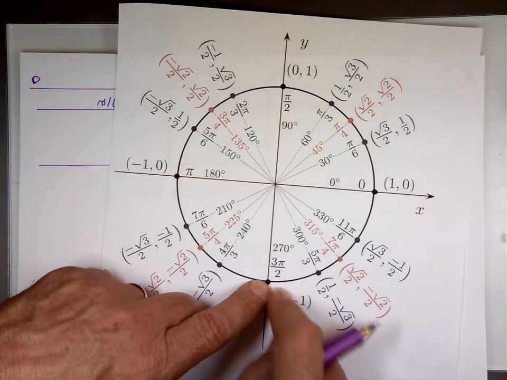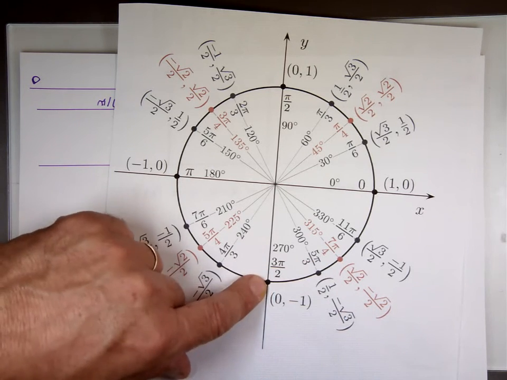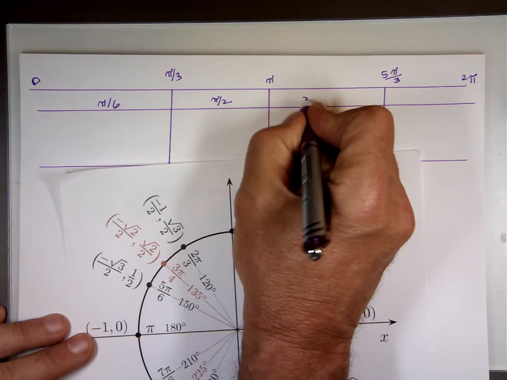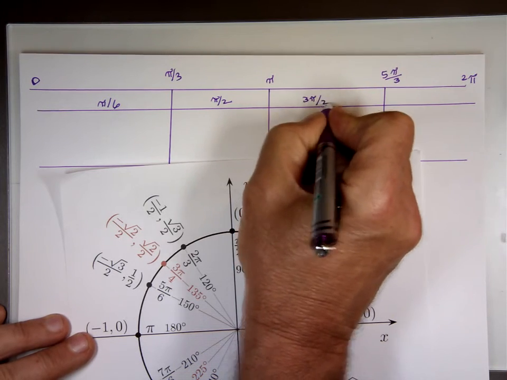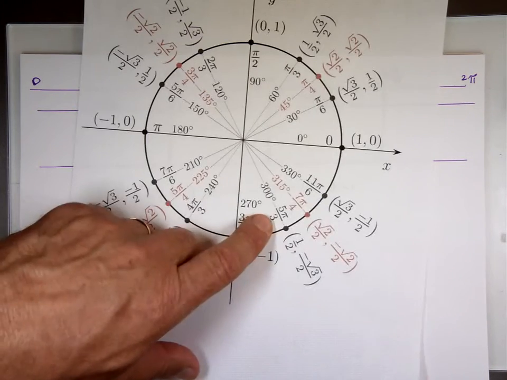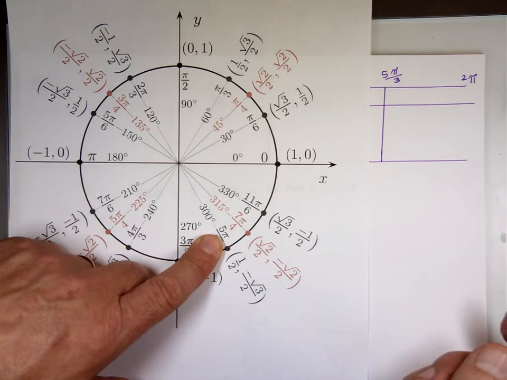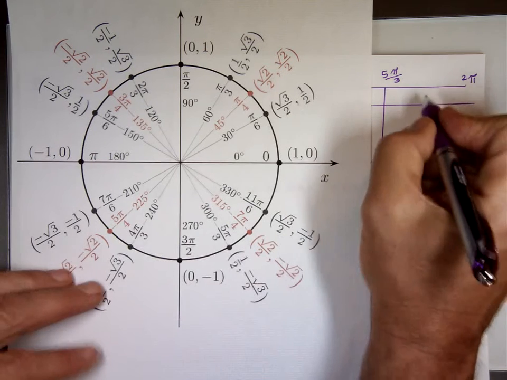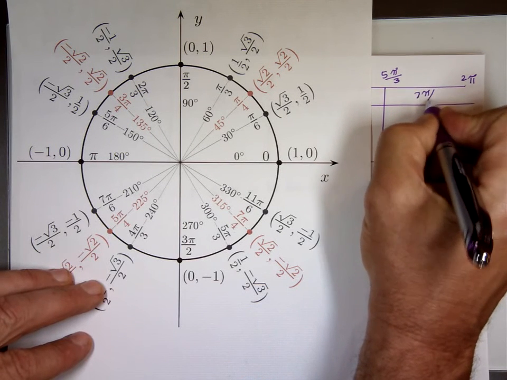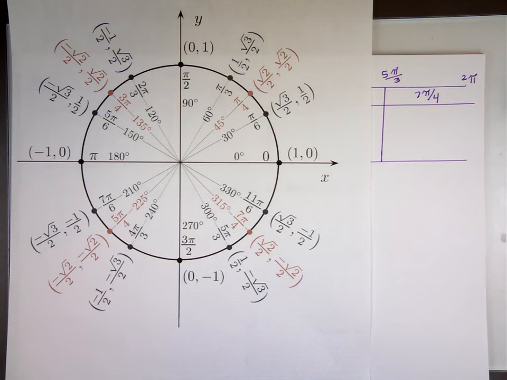Right there. And between 5 pi over 3 and 2 pi, maybe I'll use what? 7 pi over 4? And you plug them in.